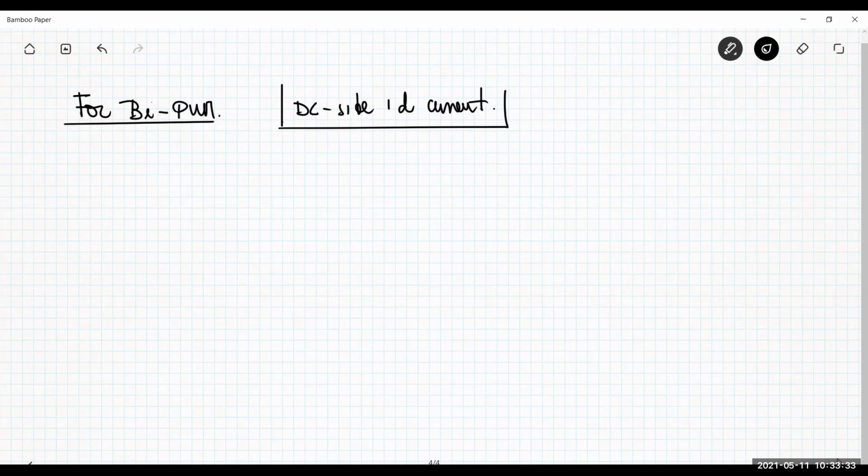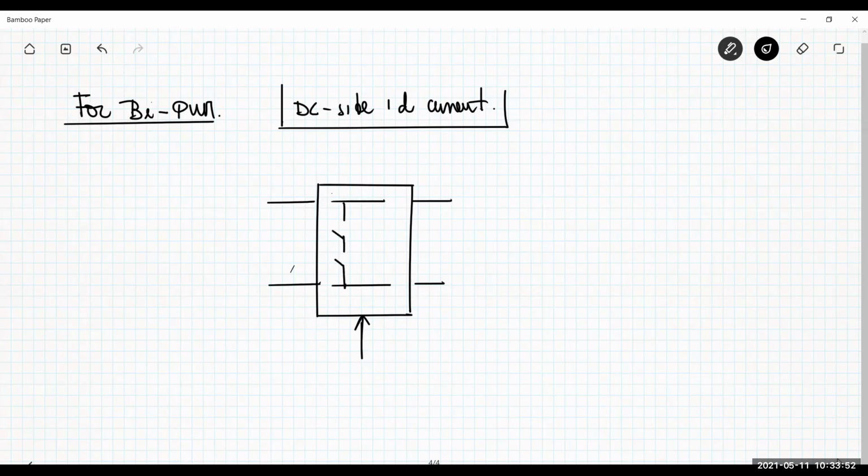Let me consider this specific situation for our inverter. You have this inverter, which has, say, a set of control signals. Okay, you have here basically the full bridge. Okay, this is the current ID because this is the DC side, and you have here the filter at the output.